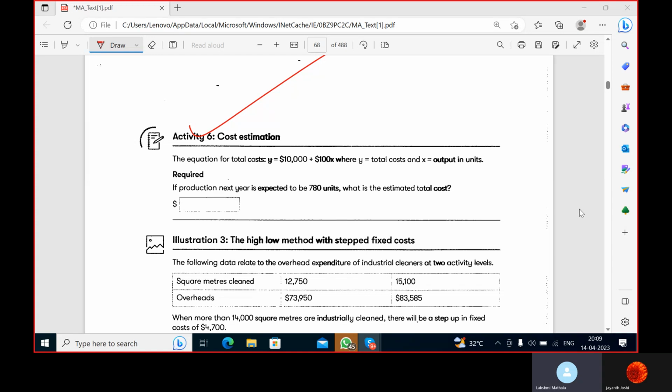Sir, here X would be the output, no, sir? Of course, in place of X, I need to substitute 780. Yes, this is your fixed cost, this is your variable cost per unit, and this is output. Multiply 780 with this, you'll get the answer. I'm getting $88,000. So 780, 78,000 plus 10,000, 88,000.